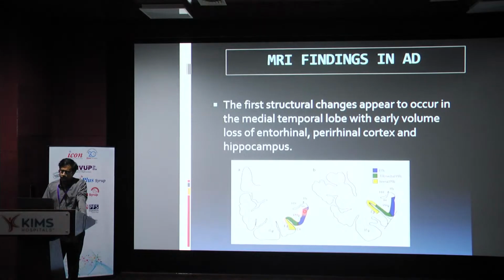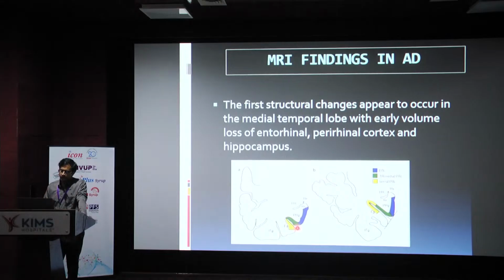If you start focusing on this area first, some changes tend to appear here first, in the transentorhinal area, and then they go to the limbic area. This is the area we are currently interested in if we are targeting mild cognitive impairment, rather than putting the pressure on the hippocampus per se.